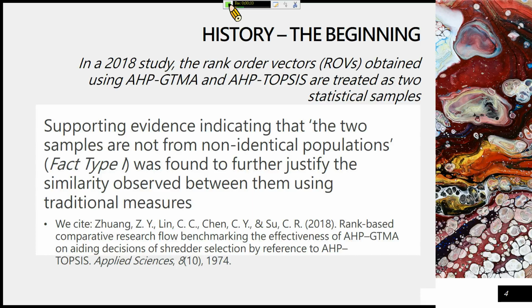In a study, the authors used AHP with GTMA and AHP with TOPSIS to rank a set of paper threaders. They found that the two final ROVs brought by these two methods are very similar using traditional vector-based measures. And then the study treated the ROVs using these two models as two statistical samples.